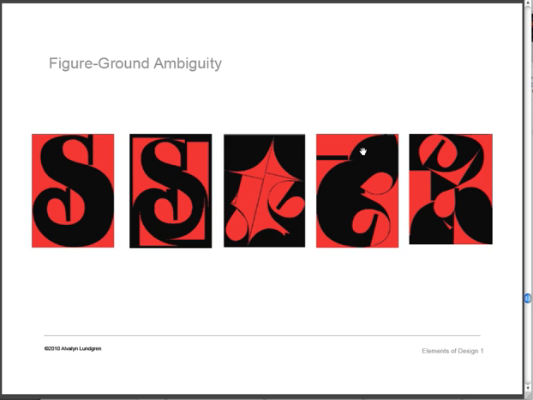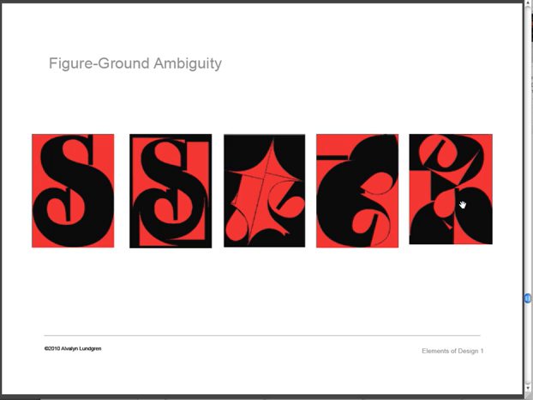As we move over here, we are now compelled to see this again as a black figure on a red ground because of the relationship of the shapes. And everything that's red here is the same shapes that are here and the same shapes that are here. So we're still looking for figure ground, and we found it, and so we're okay. And this is also figure.